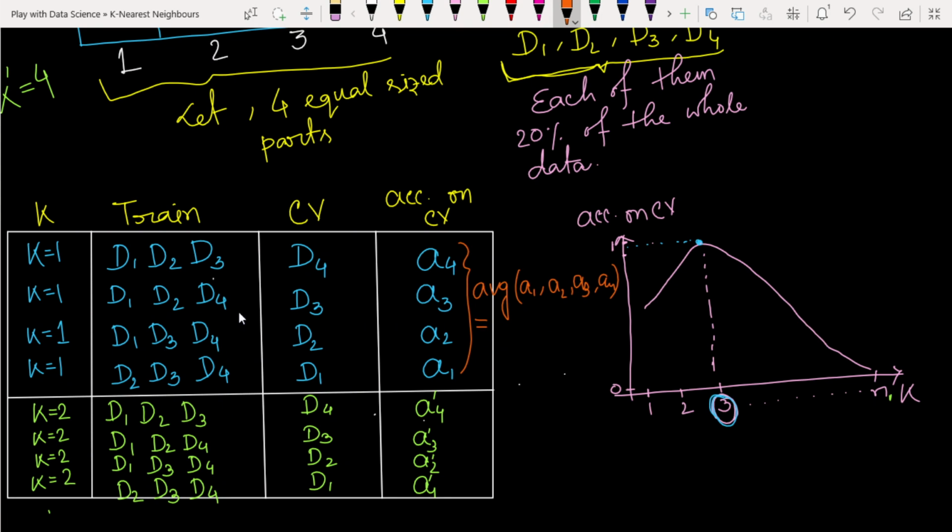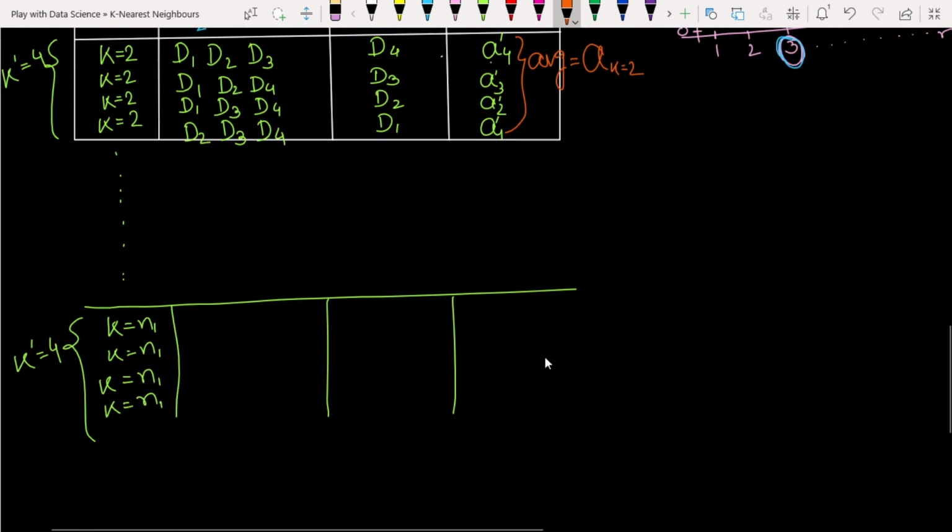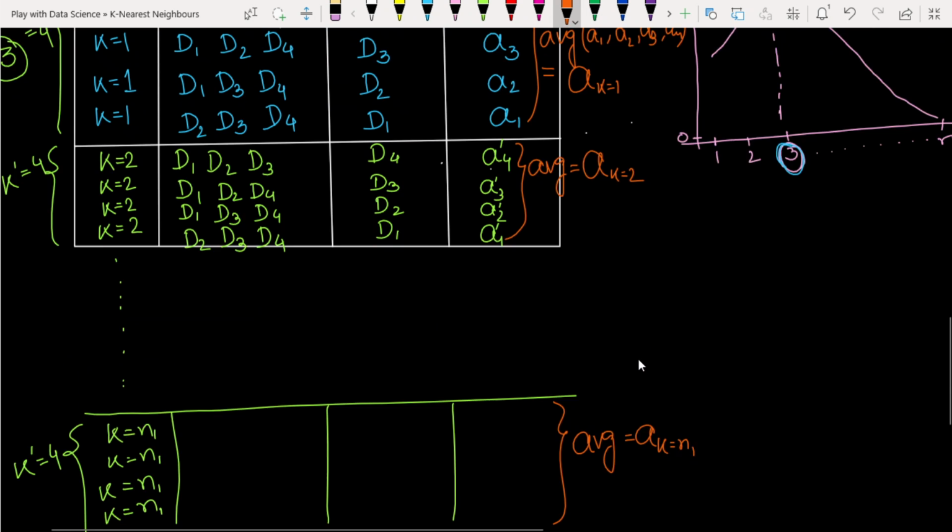Here we are considering k is equal to 1, so let's take our average value as a of k is equal to 1. The same for k is equal to 2, the average value is a of k is equal to 2. The same for k is equal to n1, the average value is a of k is equal to n1.